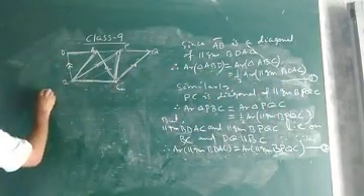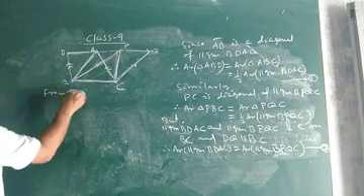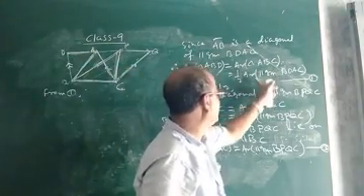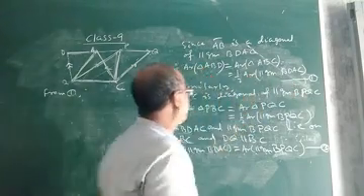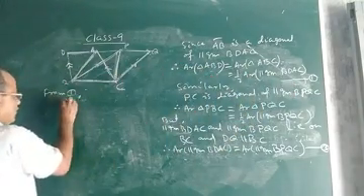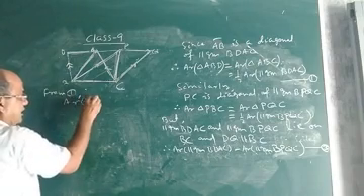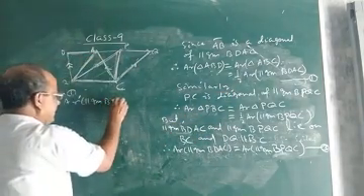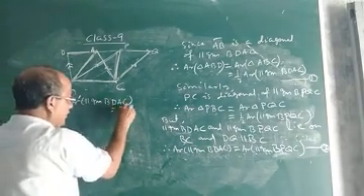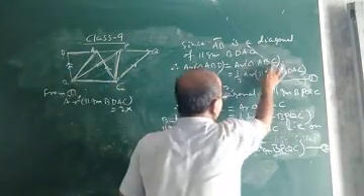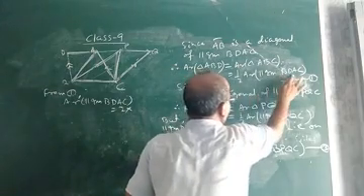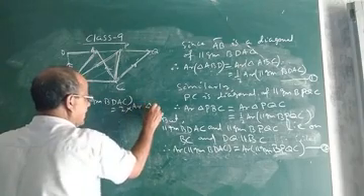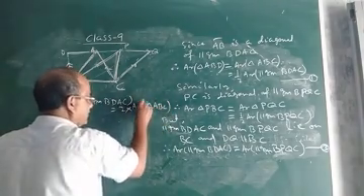From equation 1, area of triangle ABC is half of this, so the area of parallelogram BDAC will be 2 into area of triangle ABC.